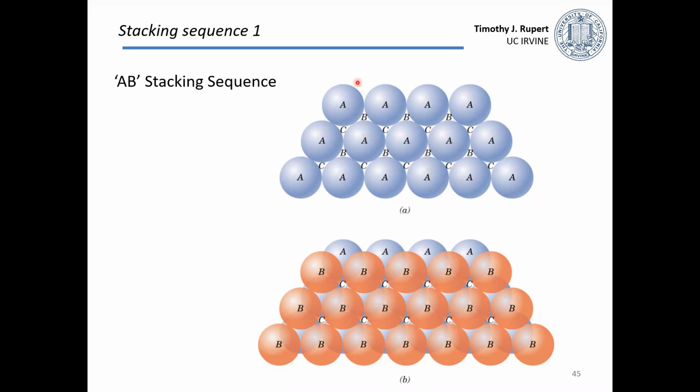Instead, what I want to do is put the atoms on top of one of these open spaces. Now, the reason these things are labeled differently is that if I put one atom here, I can't put one there. They would be overlapping. So if I put an atom at a B site, I need to fill in all the other B sites, okay? So this would be after I have that second row of atoms.